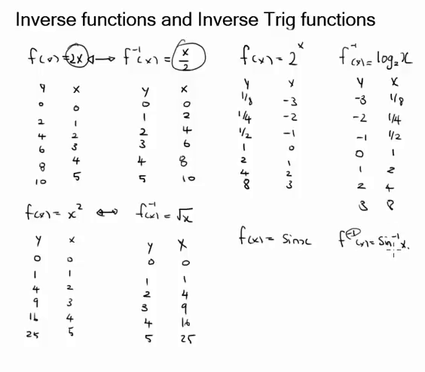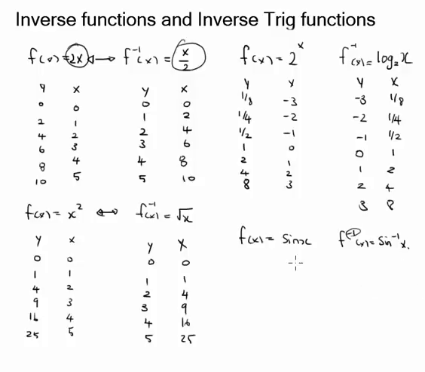And as I explained in the previous video, sine to the power of -1 x is the inverse function of sine, and this is not the same thing as sine of x all to the power of -1, which is actually the same thing as the cosec function.